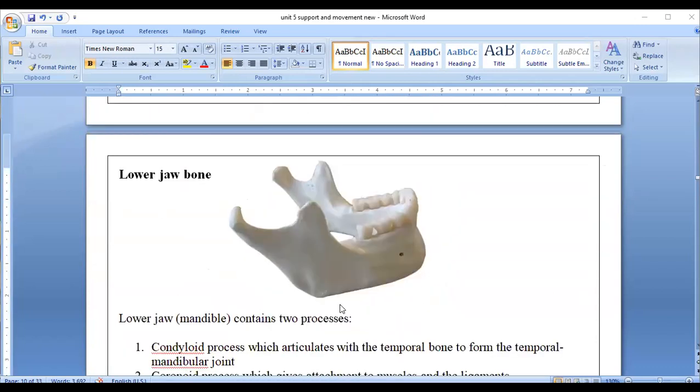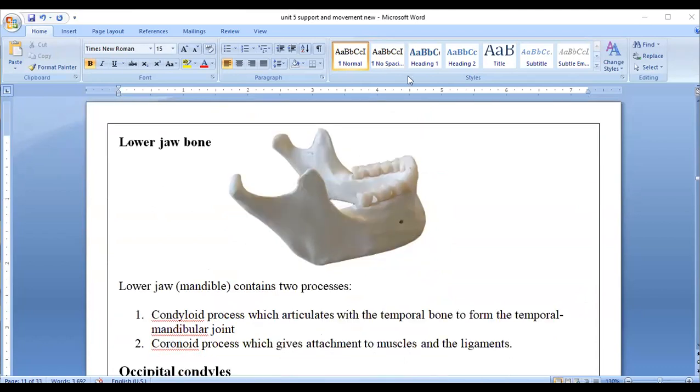Okay. If you take this one, this is our lower jawbone. Otherwise, we can call it mandible. In the lower jawbone, this place is the one that articulates with the cranium, actually with the temporal bone.